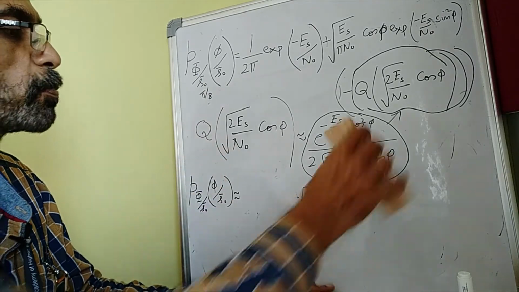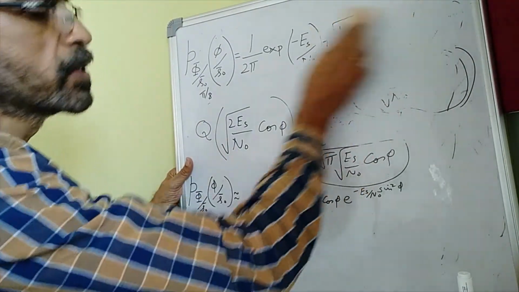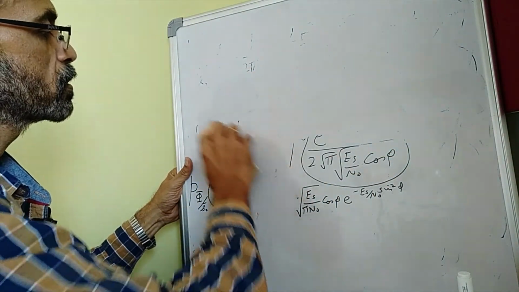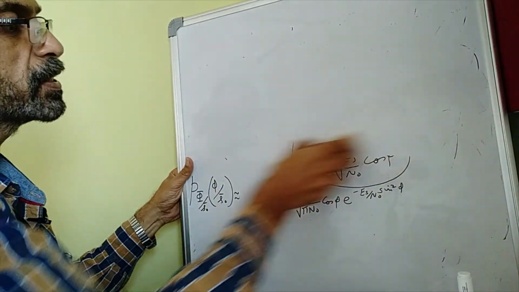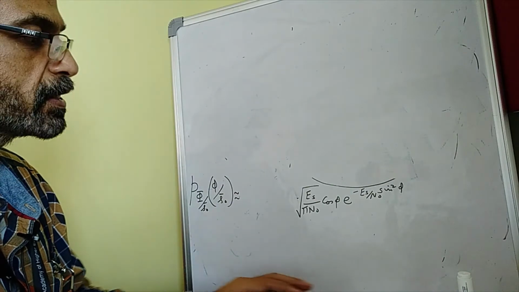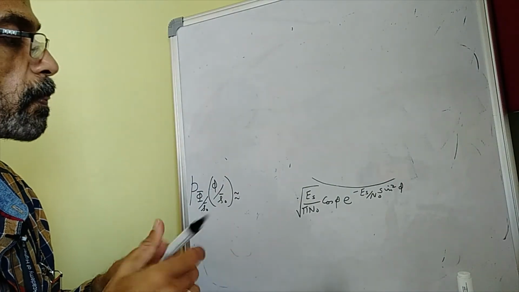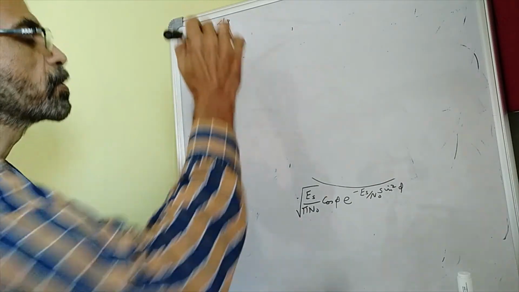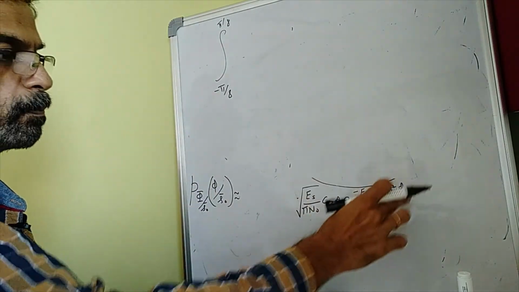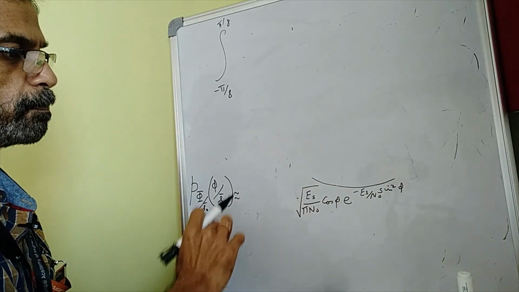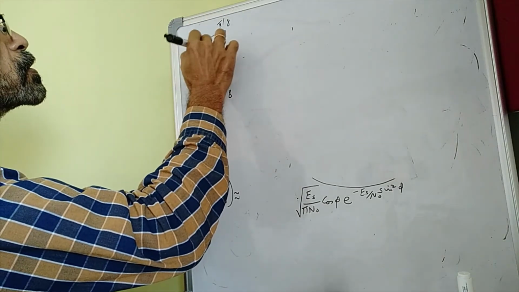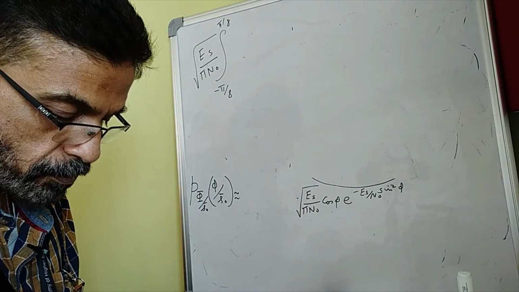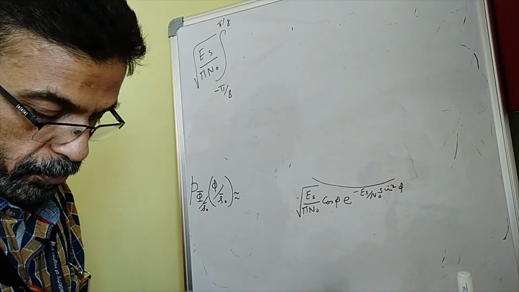And now the probability of correct reception, or rather the probability of detecting the signal S naught t correctly becomes an integral from minus pi/8 to pi/8 of this, because this is now approximated to this, and sqrt(Es/(π N0)) can come out of the integration because there is no phi in it.